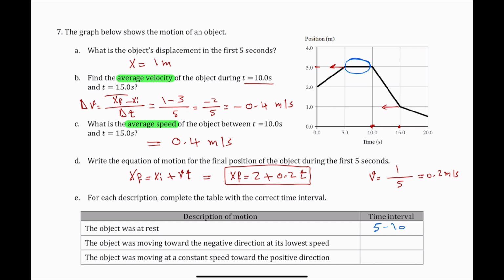Lowest speed will be this one here, not this one, because this one is steeper, so from 15 to 20. The object was moving at a constant speed towards the positive direction. Obviously, it will be this one from 0 to 5.